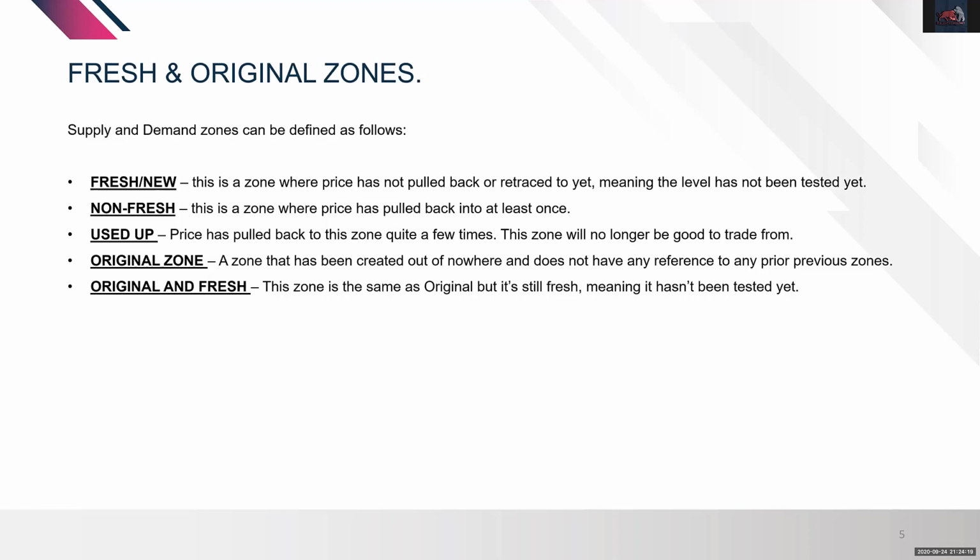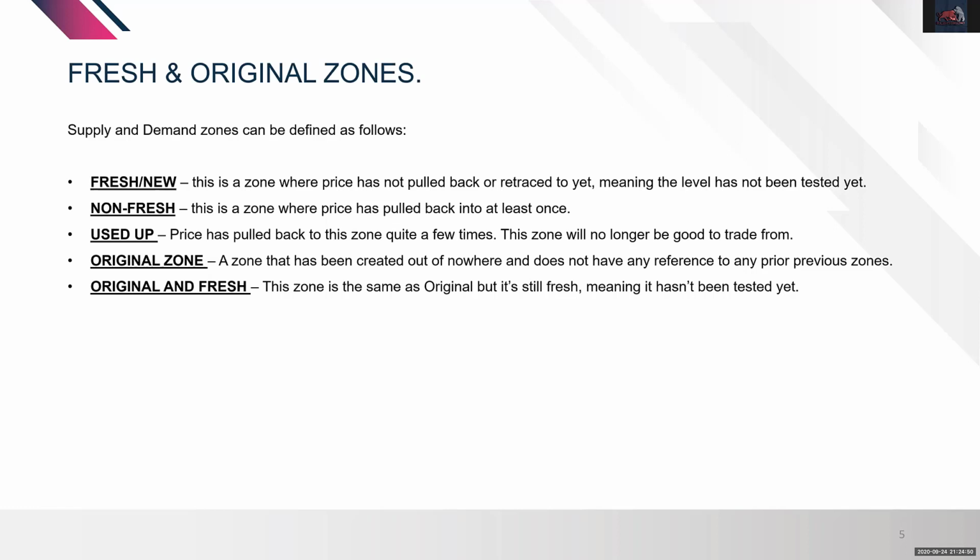Out of nowhere means market is strongly bullish, there are no pullbacks, market is just rallying, and then eventually you see a down close candle, but the market keeps going higher. That down candle is what we call an original zone. I'm going to illustrate on the charts in a moment.